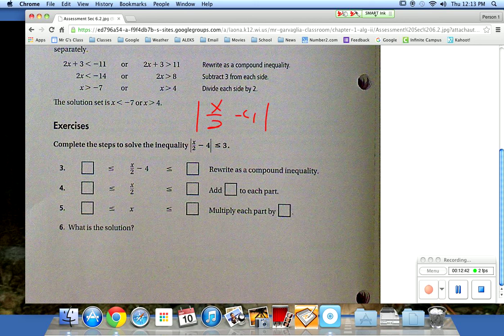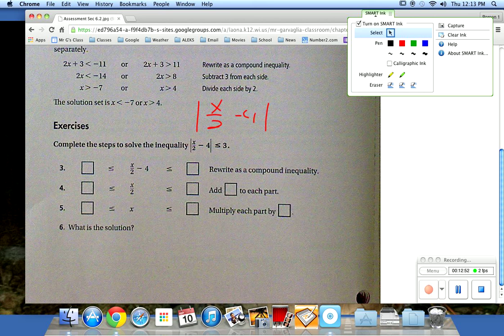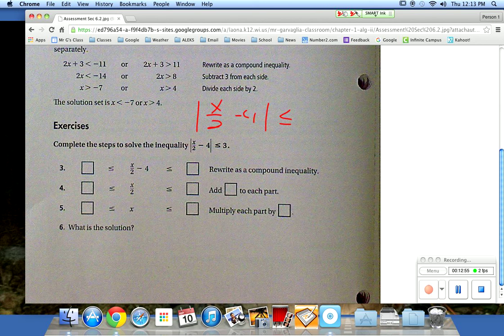I'm combining 2 of them here. This is less than or equal to 3. So what they did is they said, I'm going to put this one in the middle, x over 2 minus 4. I'm putting 3 on one side, and I'm putting negative 3 on the other side. What did they do? They took away the absolute value, and they said this is either going to be negative or positive. Bless you. All right?